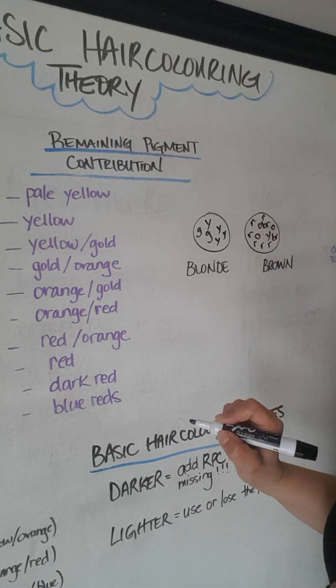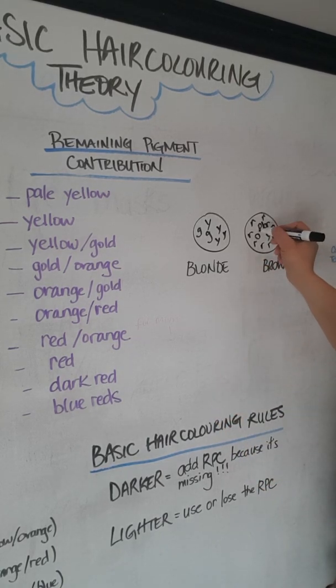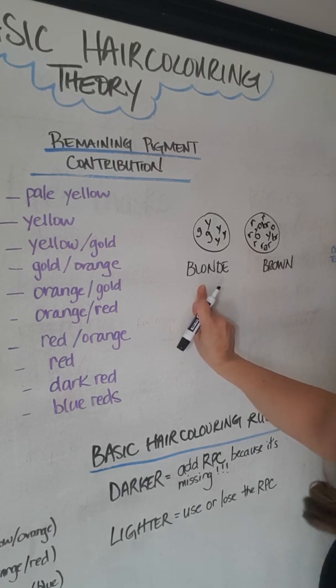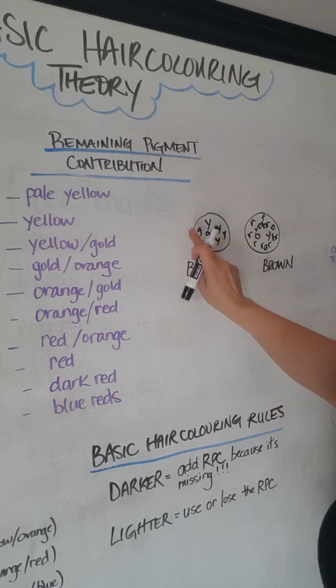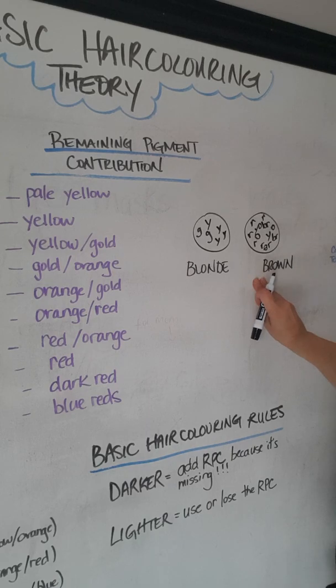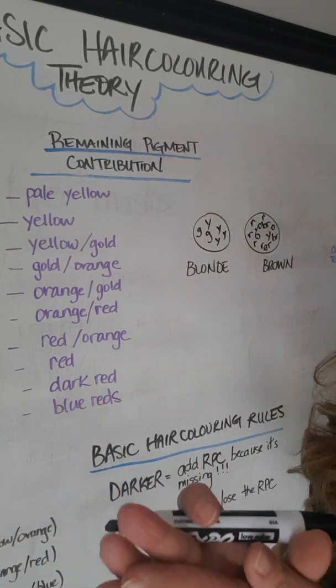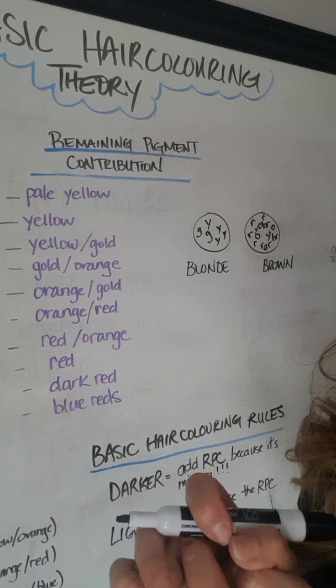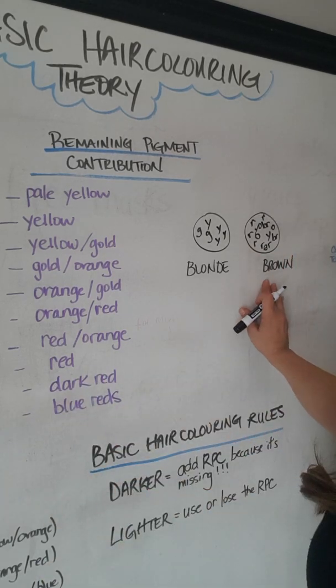You'll notice how very different the cortex of someone with naturally brown hair would look from someone who has blonde hair. Blonde hair only has the yellows and golds in it, okay? And to make brown, you mix reds, blue reds, oranges and yellow together. If you had Play-Doh and mixed all of those colors together, that would make a brown, okay?